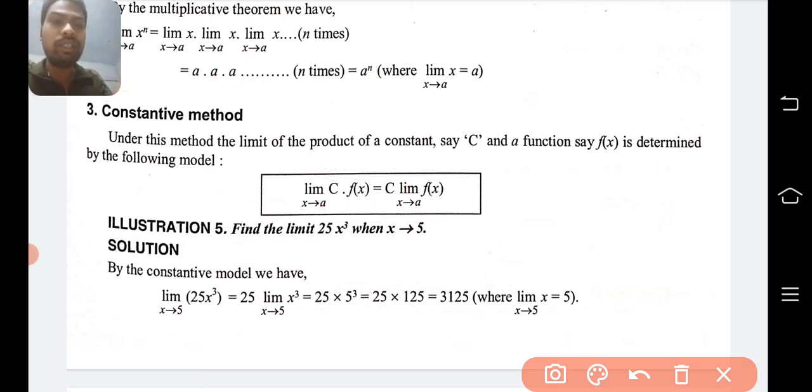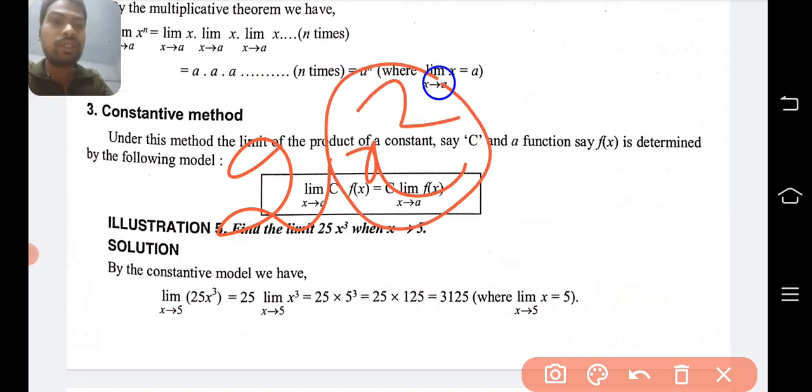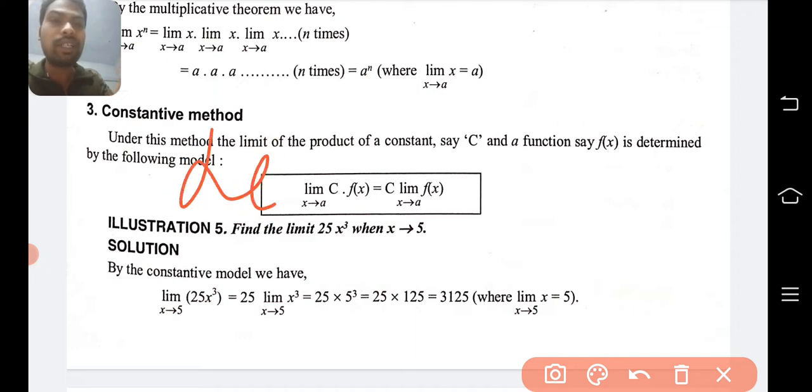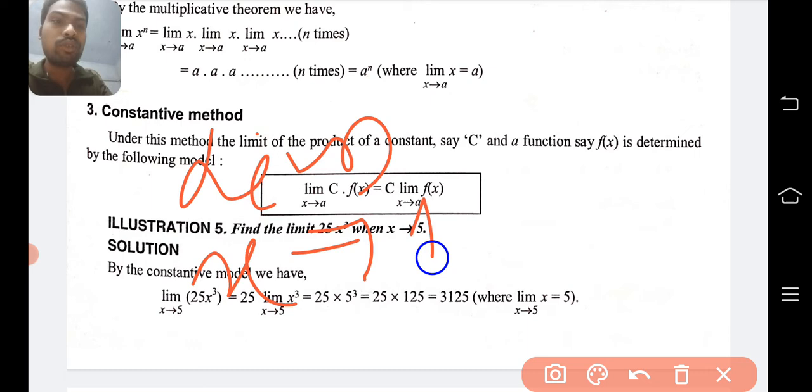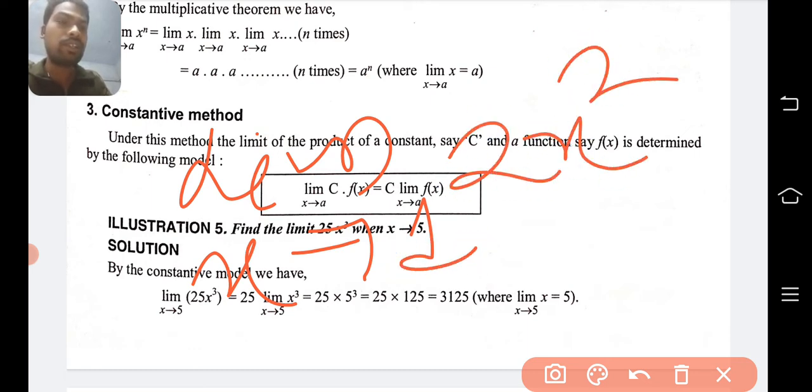So for example, if 2x square is given, here the constant term is 2, then we can calculate the limit as x tends to, suppose, 1, of 2x square. Clear? So we'll take this 2 outside.